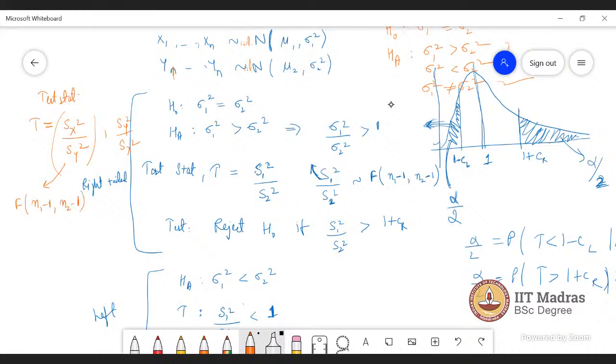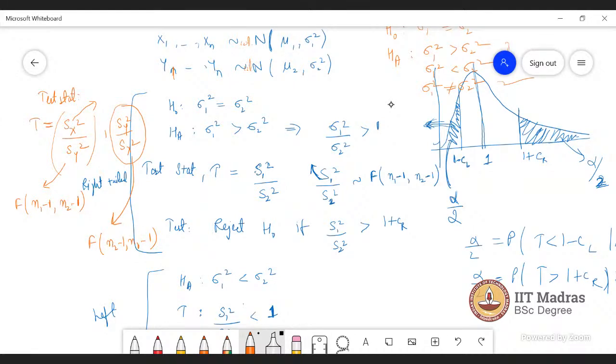What is n1 here? n1 is the number of samples in the first case, and n2 is the number of samples in the second case. But if I take my test statistic to be Sy square upon Sx square, this distribution becomes the F distribution with degrees of freedom n2 minus 1 and n1 minus 1.